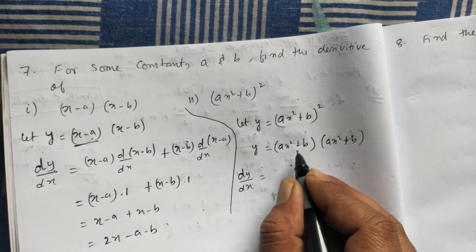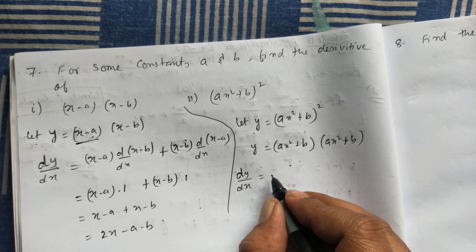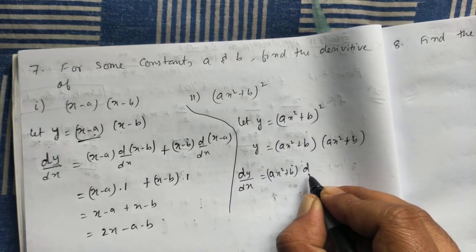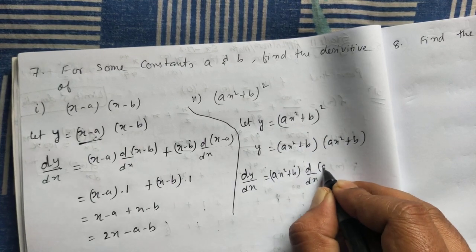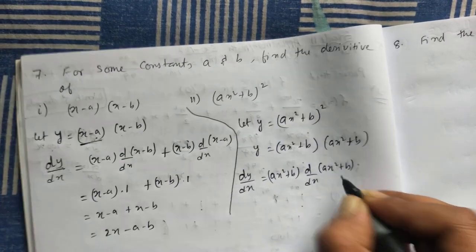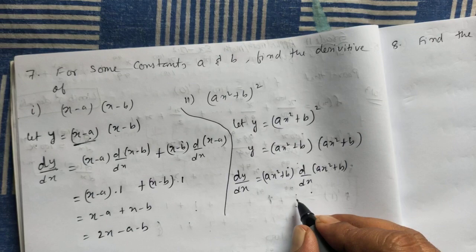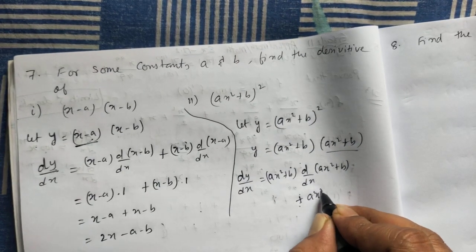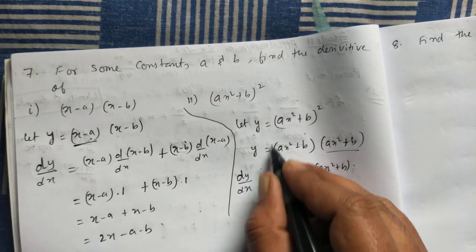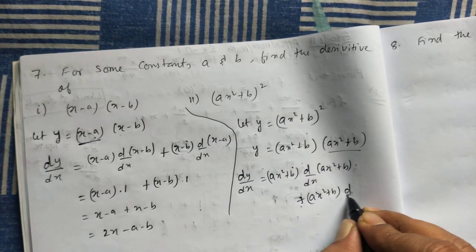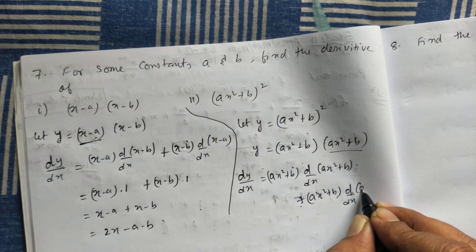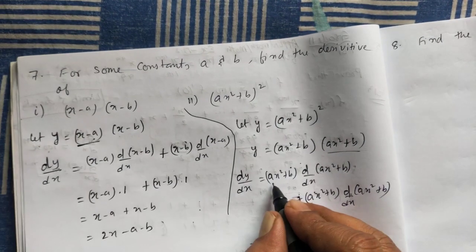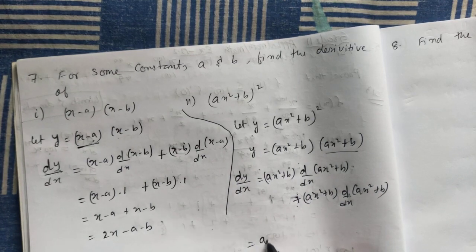When you derive, first you keep the first term constant, ax square plus b, then we'll derive the second term, no space I'm doing here, plus I'll keep this one constant now and we'll derive the first term. So this is ax square plus b, constant will keep as it is.